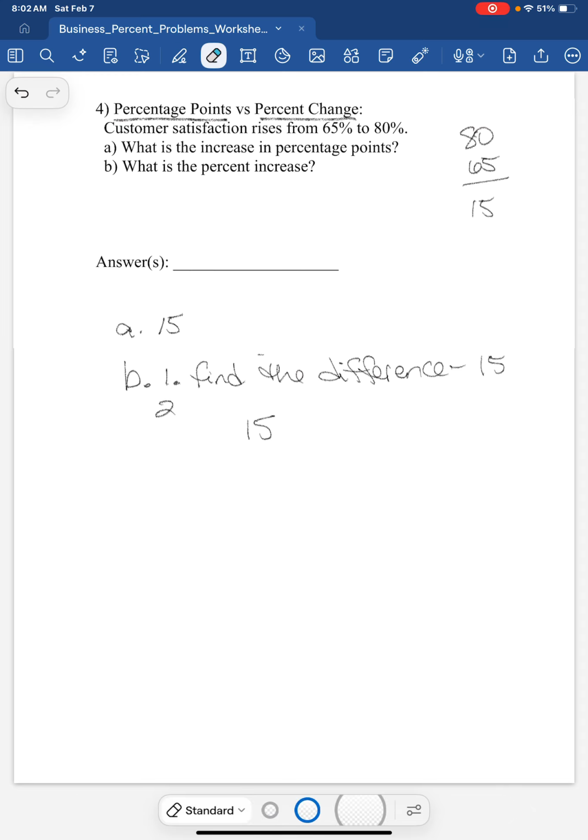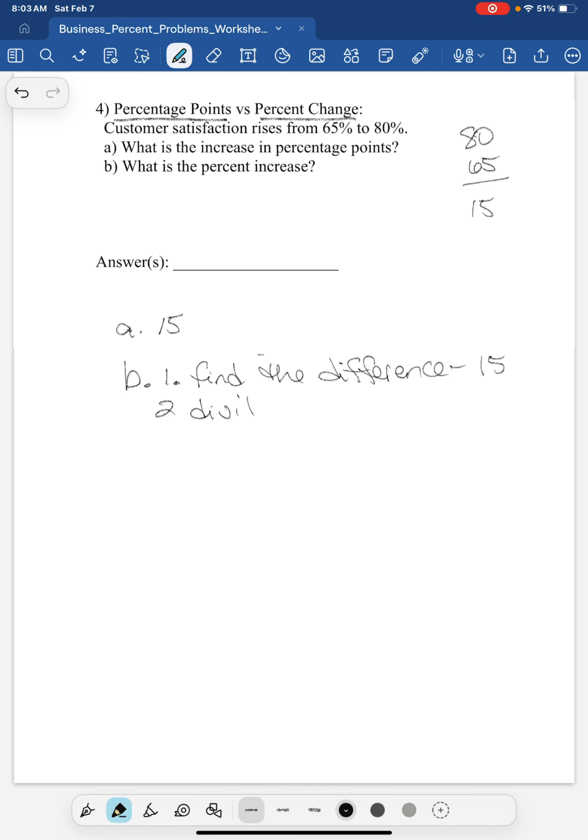Let me write this down so you can see it. Divide increase by original value. And so what is that? That is 15. And if we increased, then that means 65 is the original value.